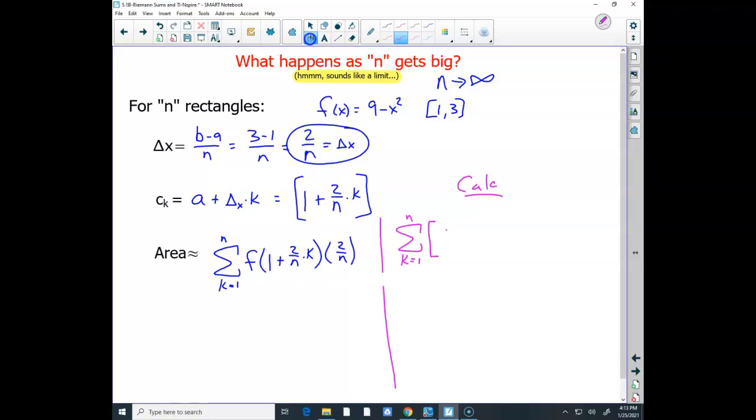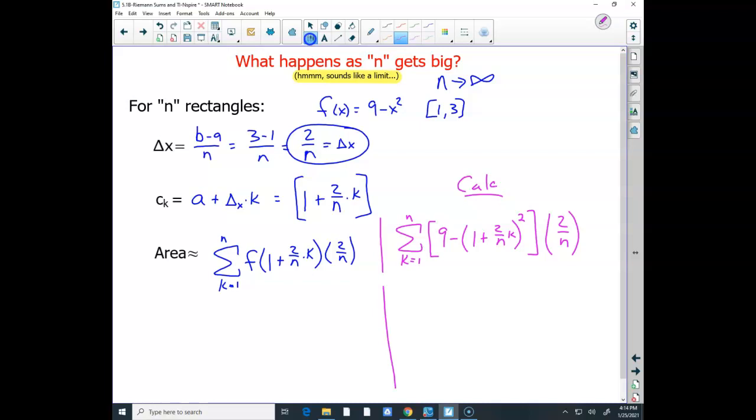And this is going to give me 9 minus the quantity 1 plus 2 over n k, and that's going to get squared, times my width, which is 2 over n. This is what you're going to look at. It's going to say the following sum represents the area of what function between which two limits.